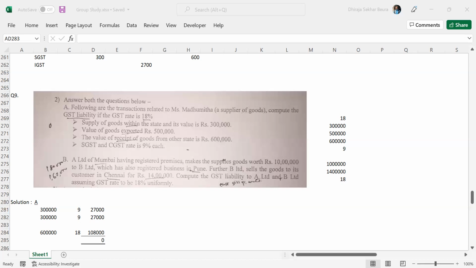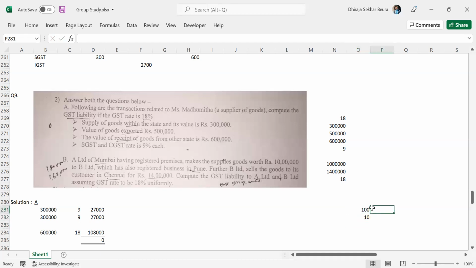Suppose you sell a stapler and pins, packaged together and sold at a bookshop. Suppose the stapler is 100 rupees, just for example, and the pins are 10 rupees.